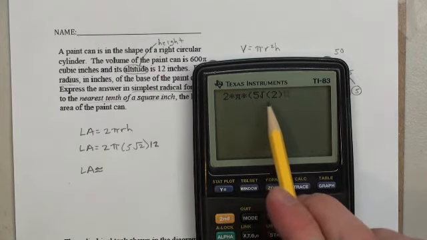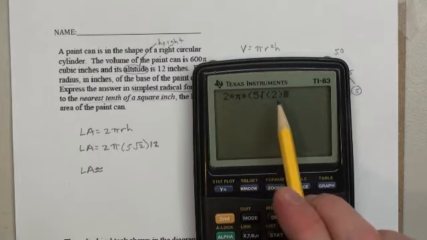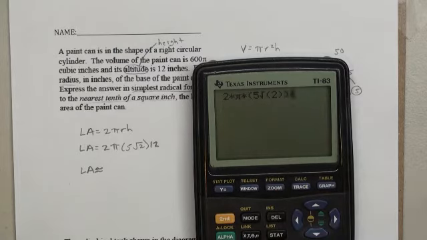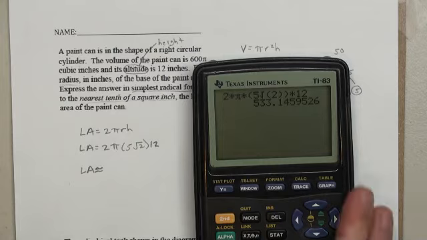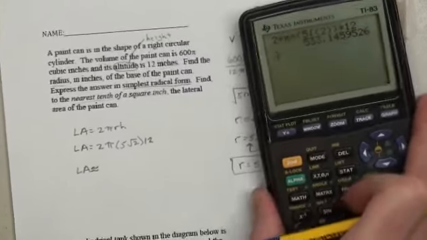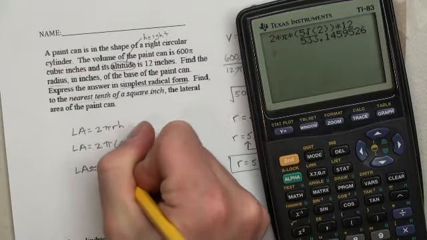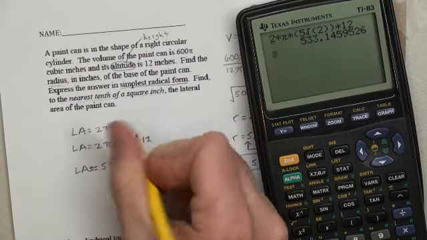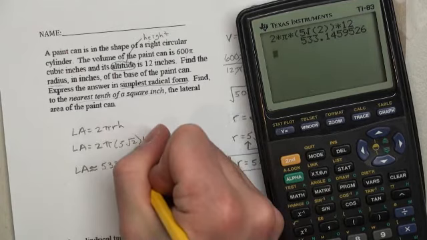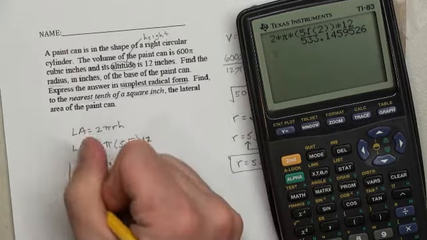So I have 2 open parentheses, so I have to have 2 closed parentheses, times 12. Okay? And I get 533.1, which is to the nearest tenth of an inch. 533.1, and that is inches squared.